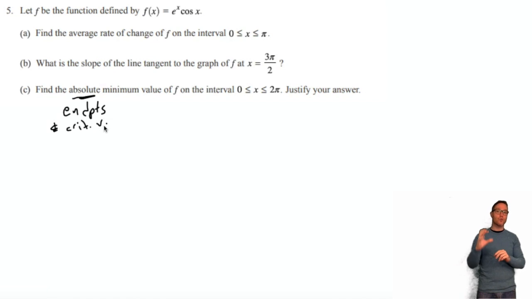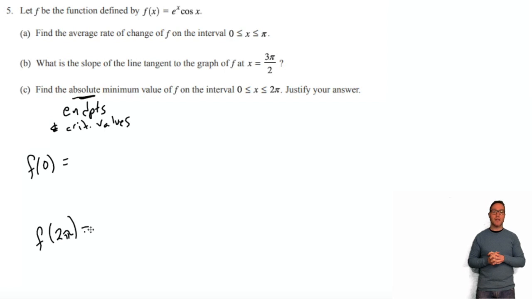Critical values are where the derivative equals 0, or undefined, but the original function is defined, right? Those are the only spots you're allowed to change sign. Okay, so let's find out what f of 0 and f of 2 pi turn out to be. And then we're also going to check out the function value at the critical value.